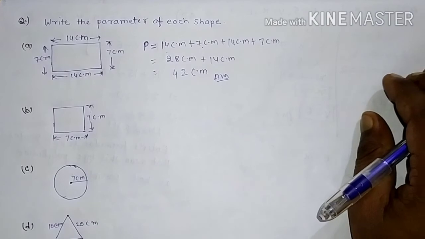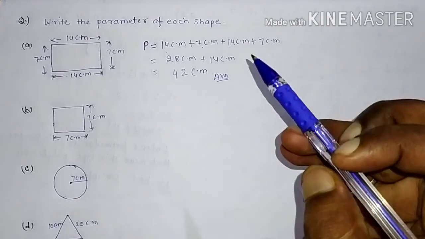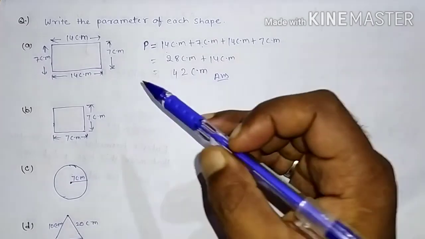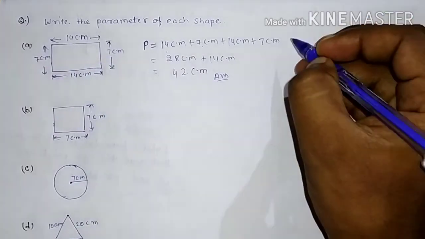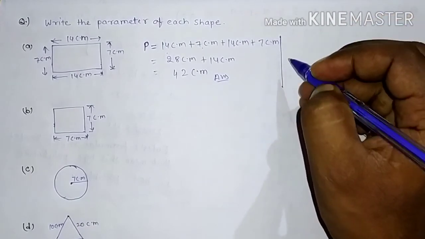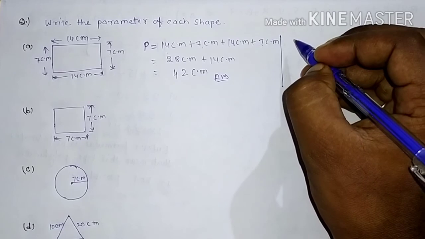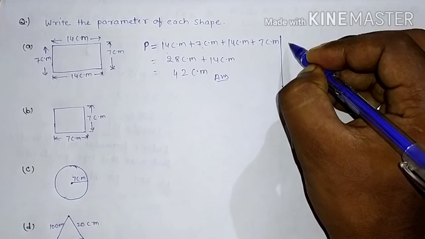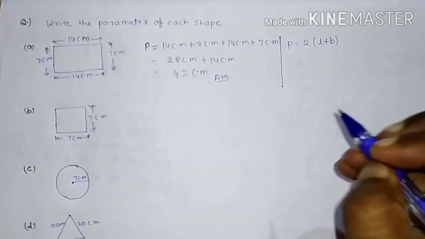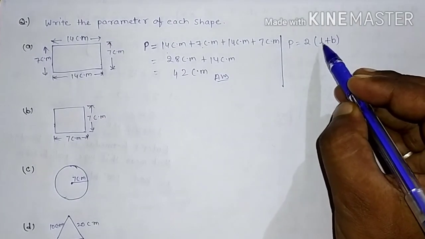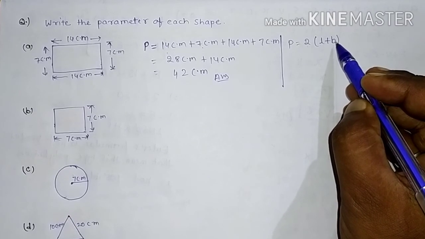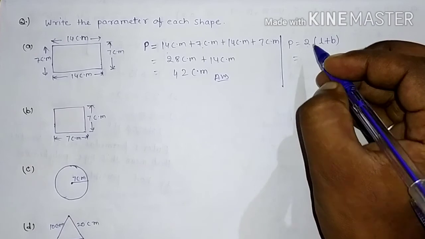We can find the perimeter by using another method. By using the formula, we can also find the perimeter of this rectangle. So we just find it. The formula of perimeter of a rectangle is P equals 2 times (L plus B), 2 times (length plus breadth). Let me just put the value.